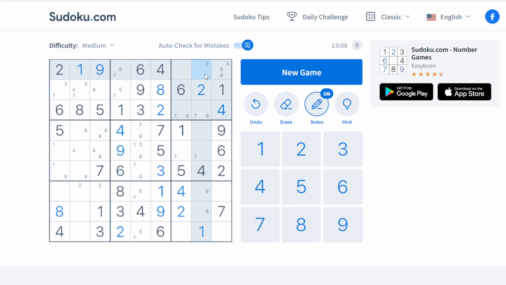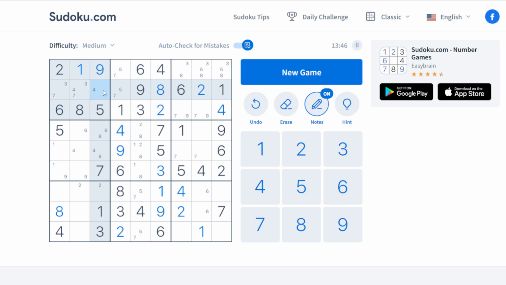So 3, 5, or an 8. 3, not a 5, but it can be an 8. We can take a look over here. Why not? 1, 2, 3, 4, 5, 6, 7, 8, 9. Okay, that's already accurate. 3, 4, or 7.